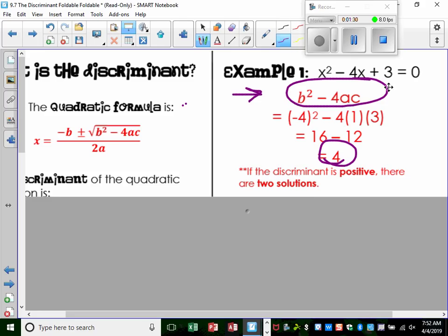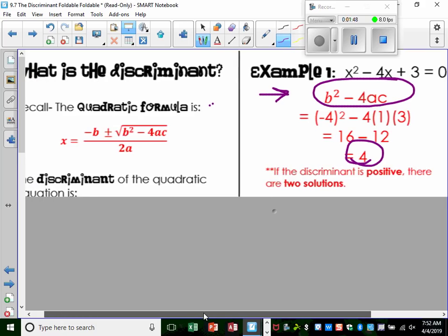So the discriminant will tell you how many solutions you're going to have. And your options for solutions will be 1 solution, 2 solutions, or no solution at all. So if the number comes out positive, you have 2 solutions.